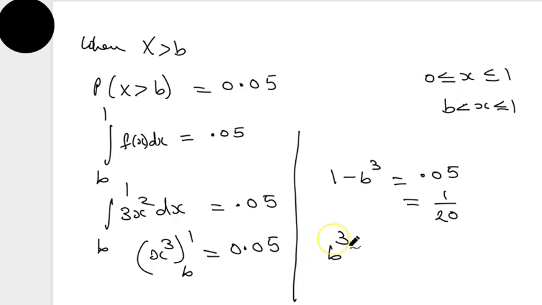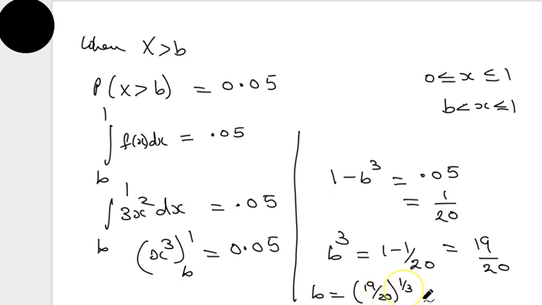Hence, b cube will be 1 minus 1 by 20, which is 19 by 20. Hence, b will be (19 by 20) whole power 1 by 3. This will be our answer.